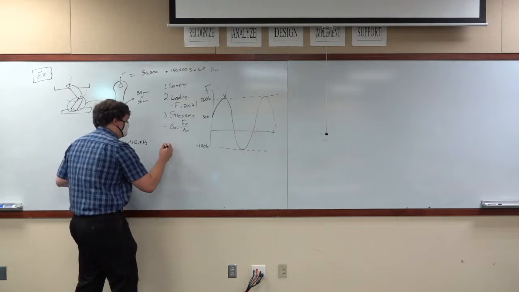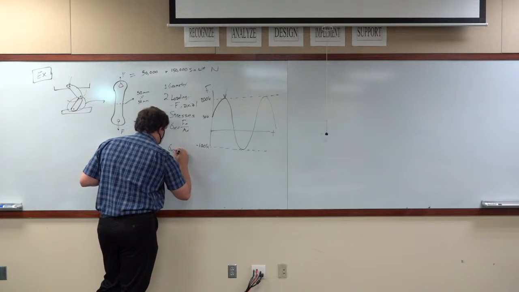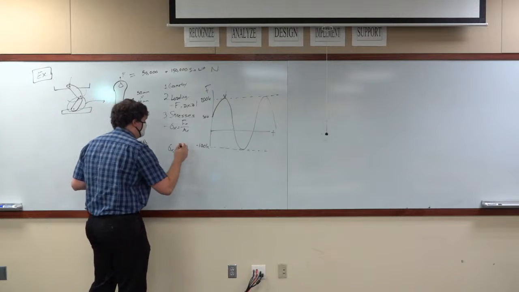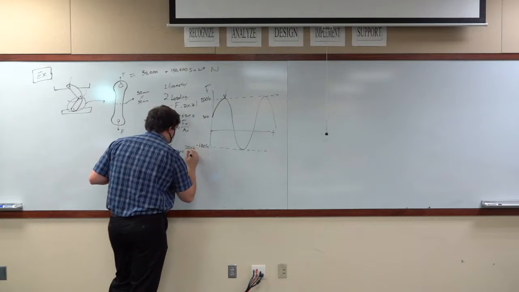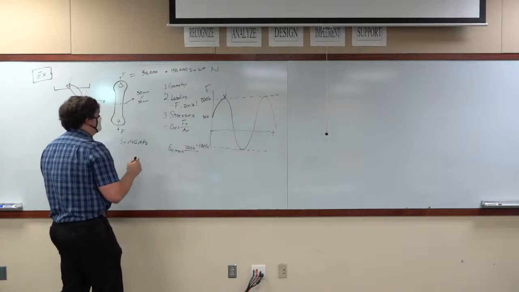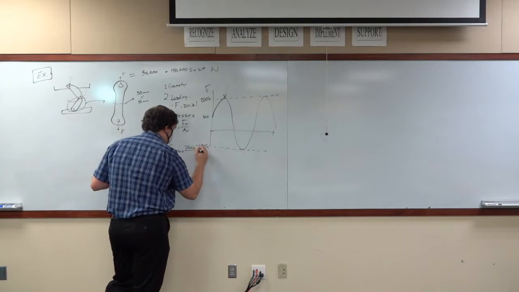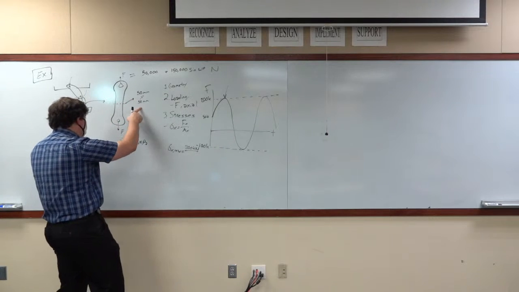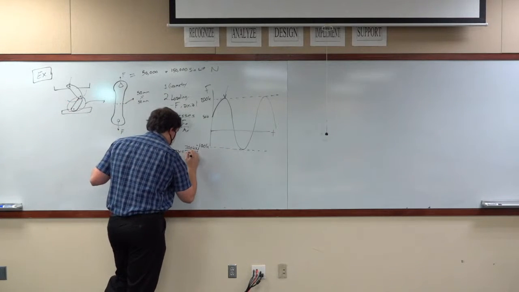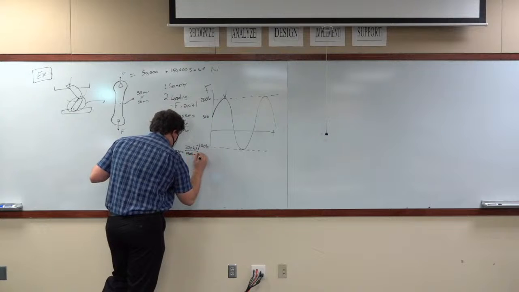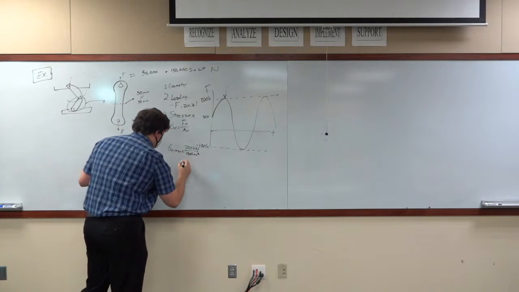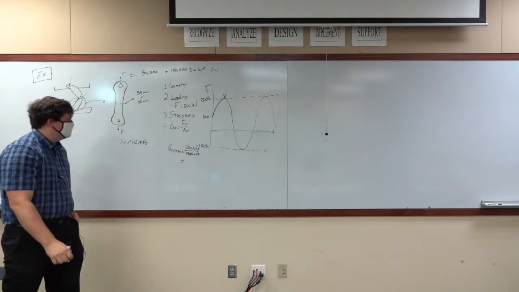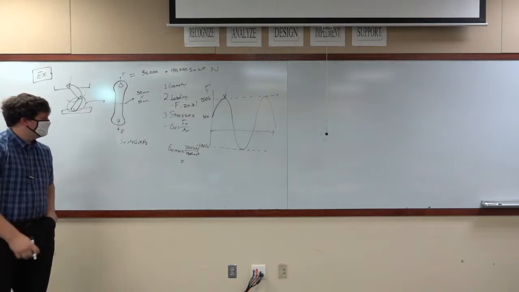So, sigma x maximum is equal to 200,000 newtons divided by 50 by 50, which is 1,500 millimeters squared. So the maximum stress that this encounters is a number.